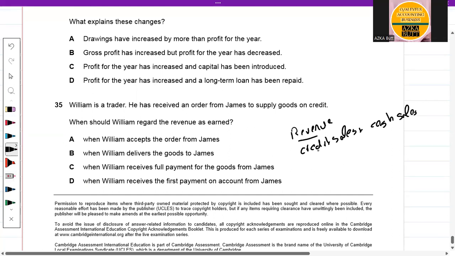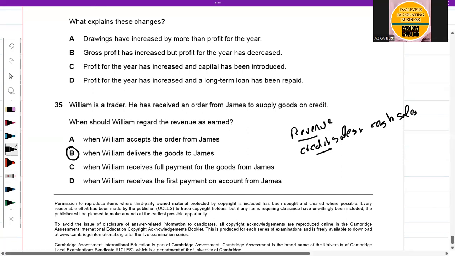So if credit sales were not recorded as earned revenue, we would not be selecting the B part. B is right because whenever William delivers the goods to James, William has the ownership of that amount which James owes to William. So B is the right option.